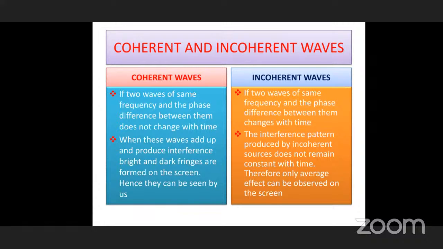So the bright and dark fringe widths change, the brightness, intensity and their bandwidth or the width of the dark and bright fringes changes. Therefore, only an average effect can be observed on the screen. So what is this interference? How are these coherent waves formed? We will see in the next class.